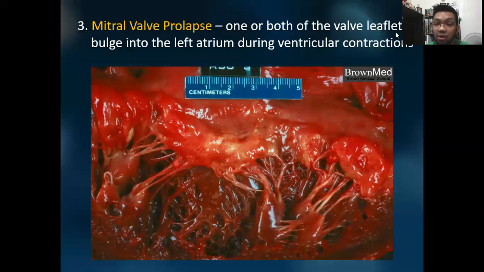So whenever the ventricles contract, the mitral valve is prolapsing into the left atrium. It should not prolapse into it. The valves or the leaflets should be closed during ventricular contraction, and it should not prolapse into the left atrium.